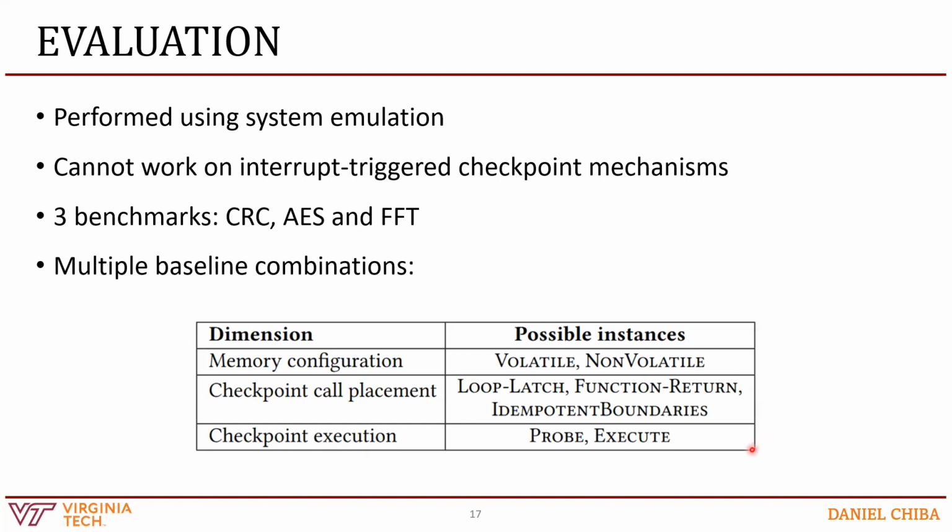And checkpoints can be executed either always, which is what execute means. So every time a checkpoint is inserted into the code, it will actually be executed, versus in probe, where just before actually checkpointing and saving your data to non-volatile memory, you probe your system, you see how much energy you have left.